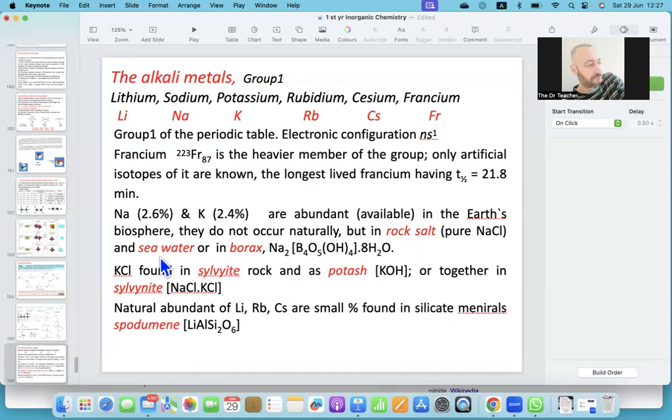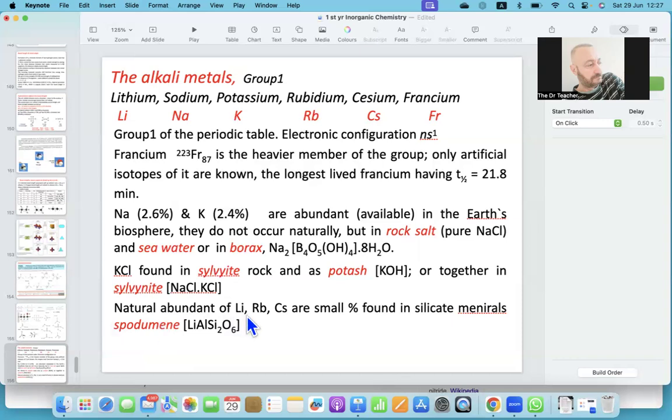or ore. KCl is found in sylvite, rock, and as potash, KOH, or together in sylvanite. So we can find the potassium combination, KCl and NaCl, in the sylvanite.